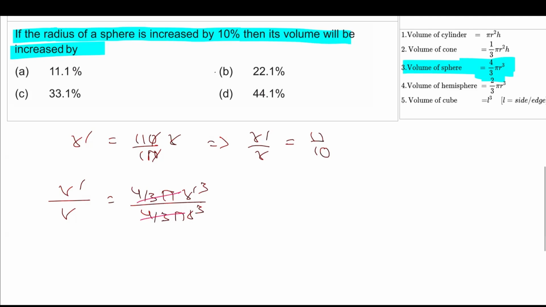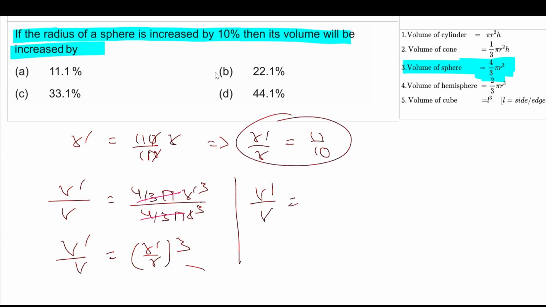And therefore we can write the ratio of new volume to the original volume as r dash over r cube. So from here we can plug in this value. 11 cube is 1331 over 1000, right?